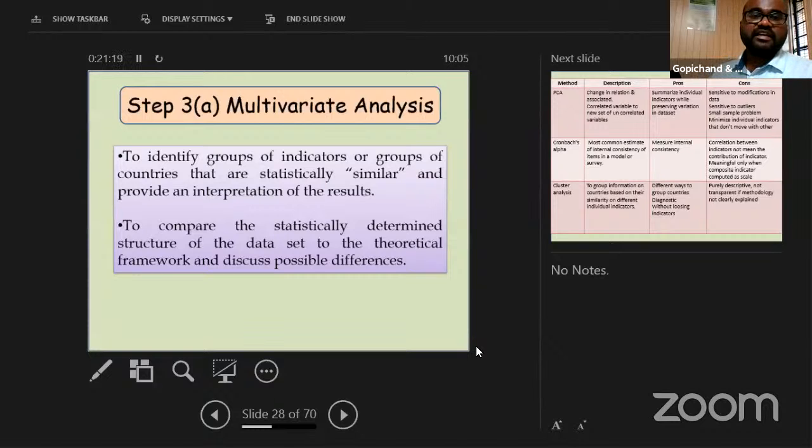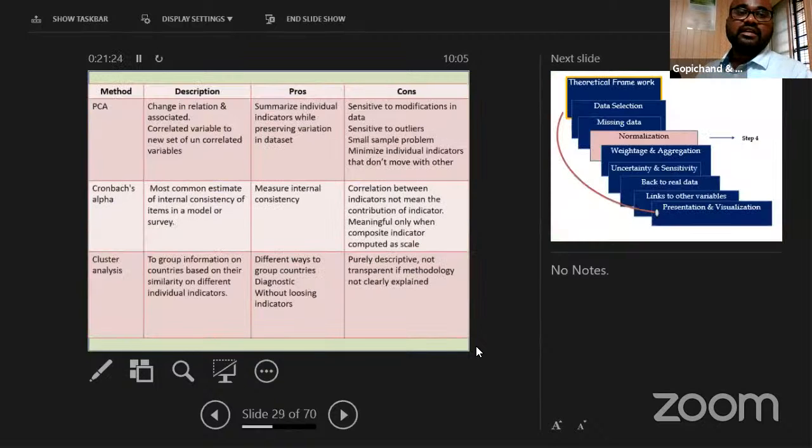Coming to multivariate analysis, it groups the countries or indicators statistically. Here, three methods are used in multivariate analysis: PCA, Cronbach's alpha, and cluster analysis. In PCA, changes in relations and correlation between the variables are discussed.